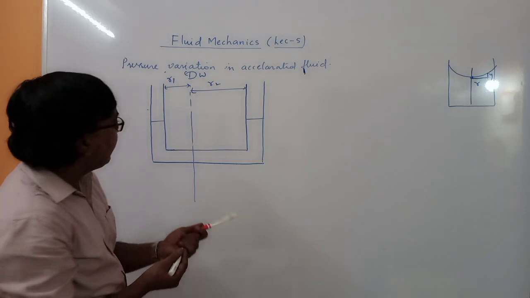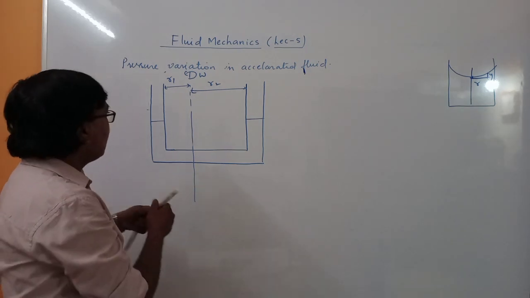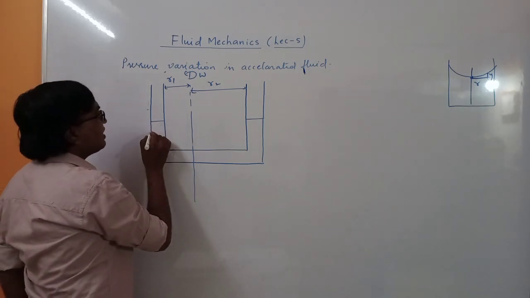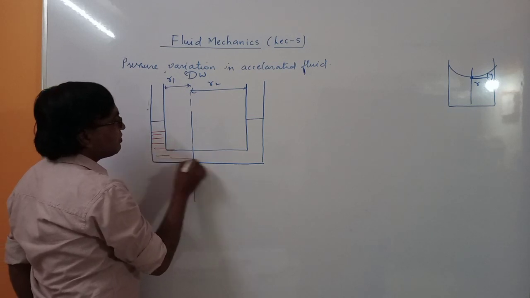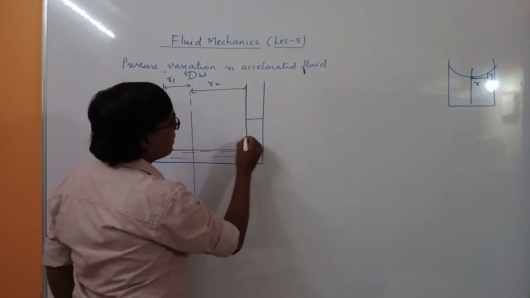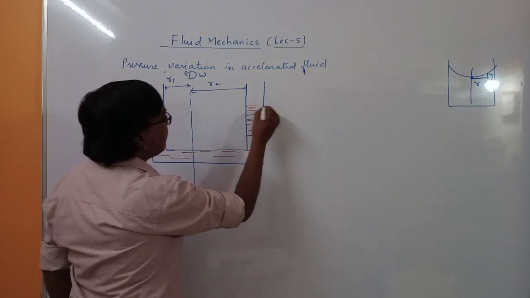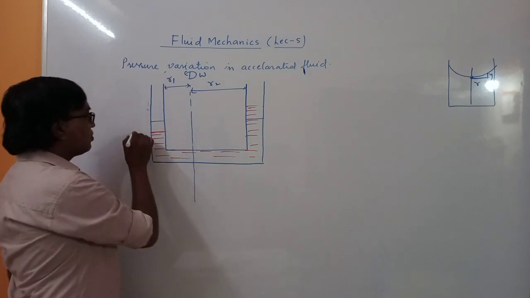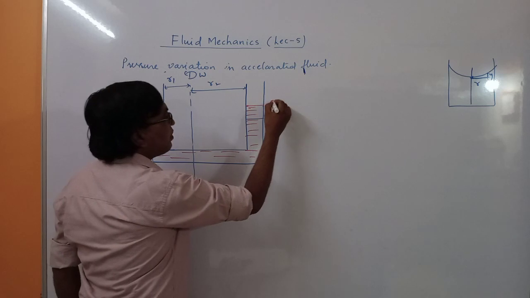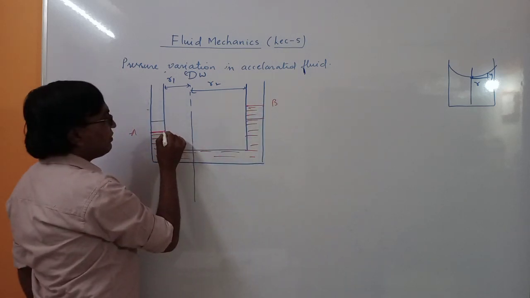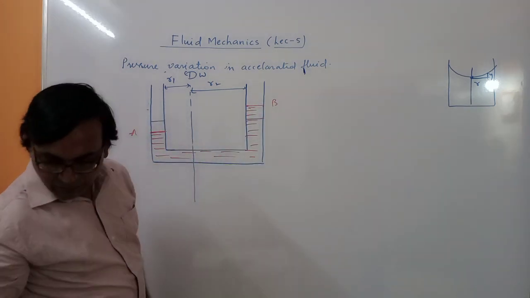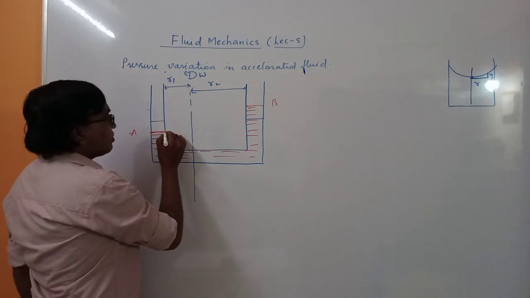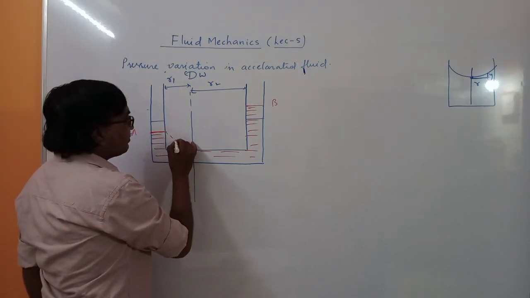So we have A, B, fine. Now the heights will change here. So this may be the height here and this may be the height. Okay, yes. So this is A, this point is B, and we'll have a parabola. So this will be parabolic.